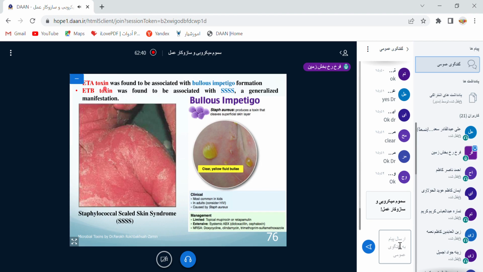ETA toxin was found to be associated with bullous impetigo.